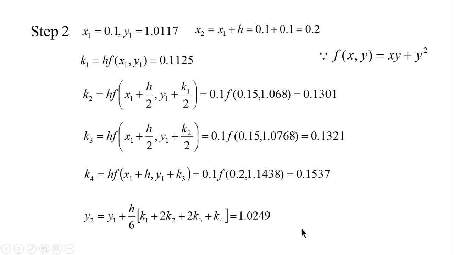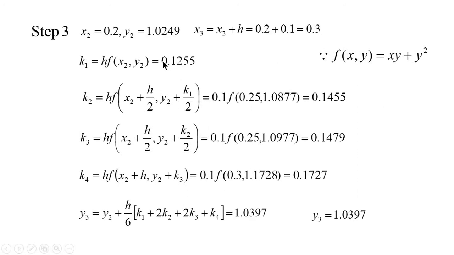So in our second step we got the value y2. We got both x2 and y2. Now use these values to find x3 and y3 in the third step. I have done the same procedure, so I have got x3 and y3 in the third step. Now we have got all the 4 continuous values, x0, x1, x2, x3, y0, y1, y2, y3.